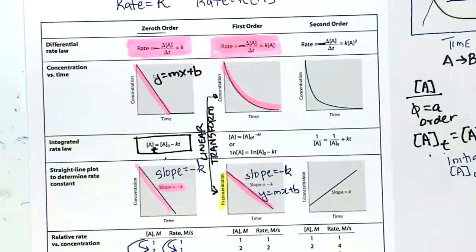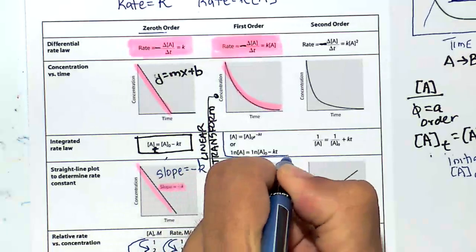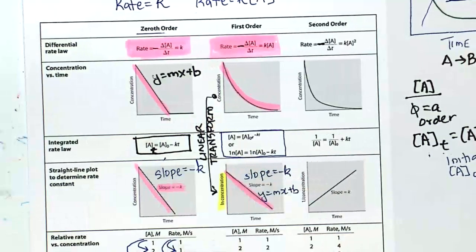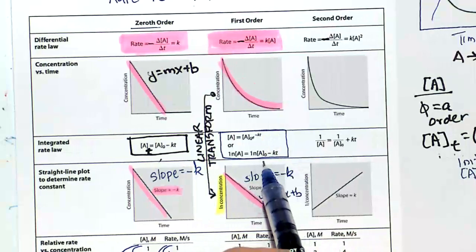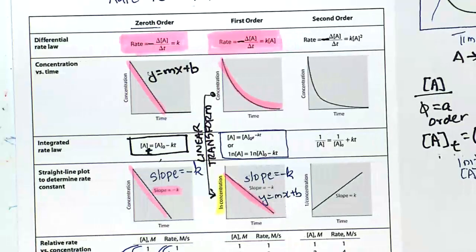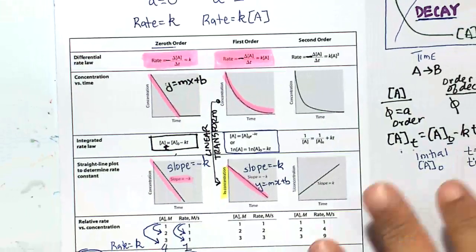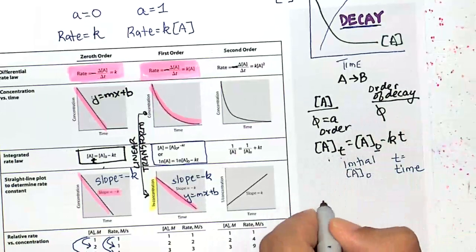So we're plotting the natural log of concentration over time. So this is the equation we're going to use. This is what you want to use for the exam: natural log of A equals natural log of A naught minus kt. All right, so let's go back here. Again, you don't have to memorize this. Just make sure you know what to use for the exam.